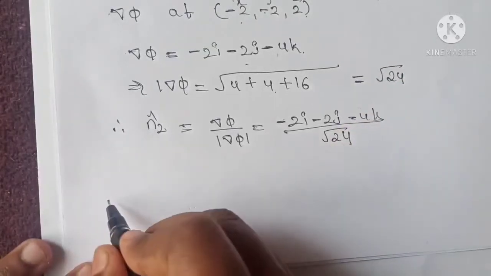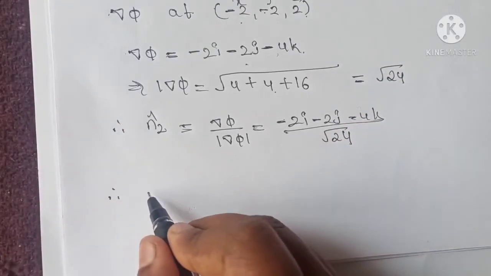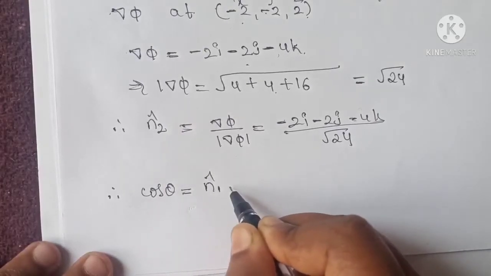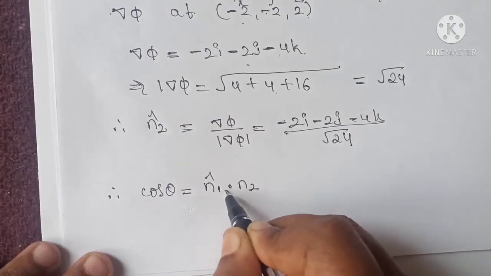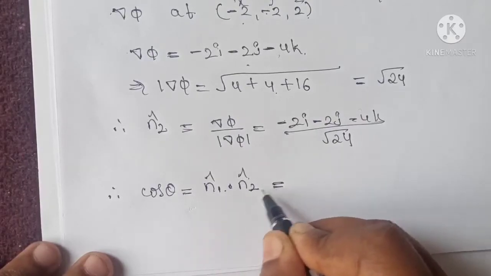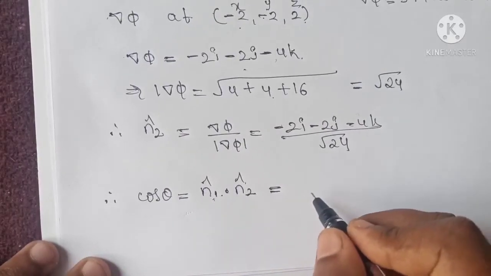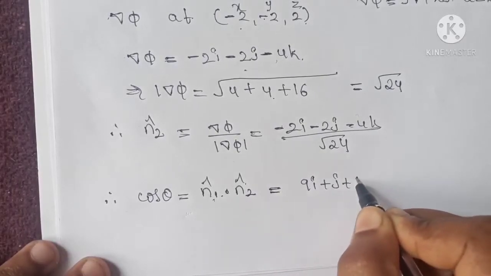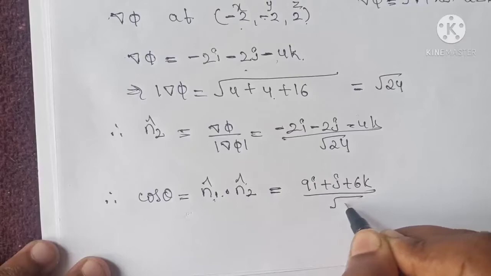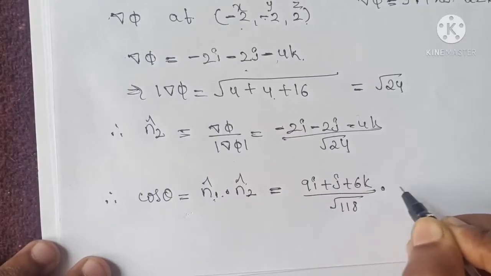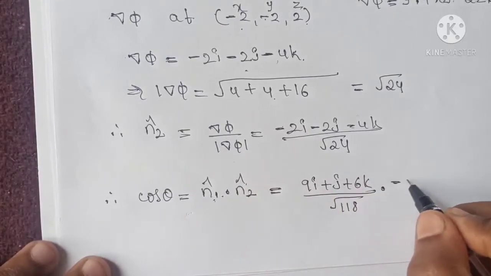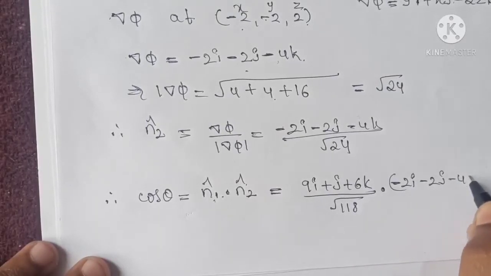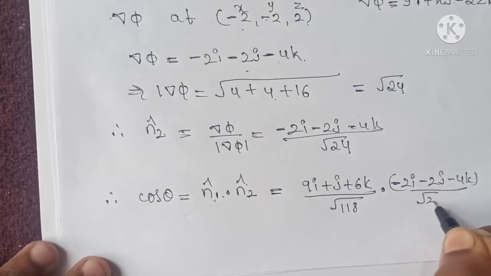Now we know the angle between two normal vectors is cos theta equals n1 cap dot n2 cap. Writing the n1 value: n1 vector is 9i plus j plus 6k divided by root of 118, dot the second, that is minus 2i minus 2j minus 4k divided by root of 24.